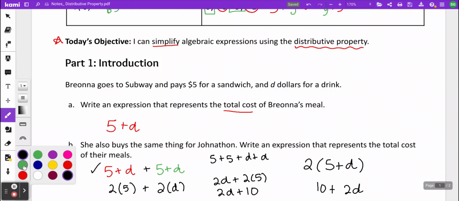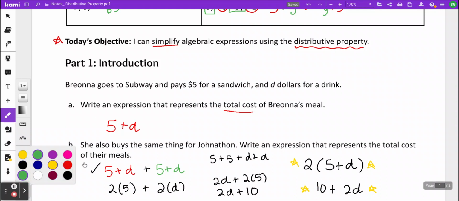What we're going to be seeing today are expressions that look like this. And our goal to simplify them is to take away the multiplication and just write it like this, like an addition or a subtraction problem.